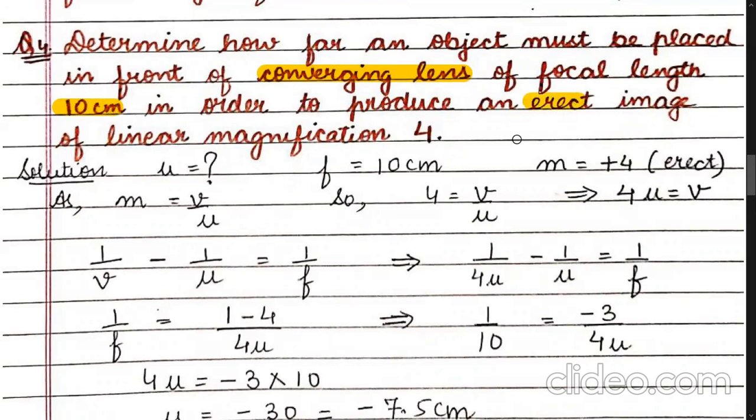Erect means virtual image of linear magnification 4. So students, since it is a converging lens, so focal length will be taken positive. Very good. And the image is a virtual image. So we will take magnification as +4.